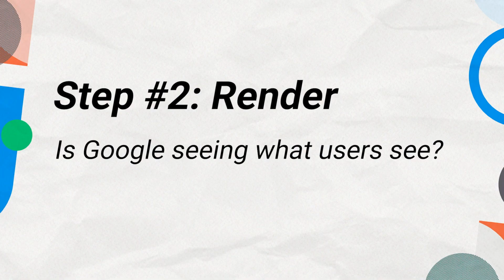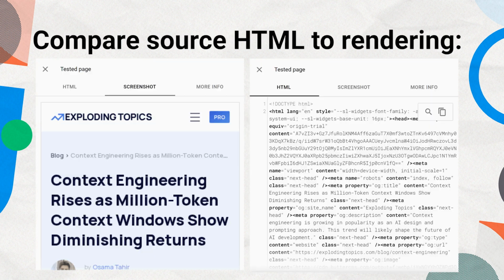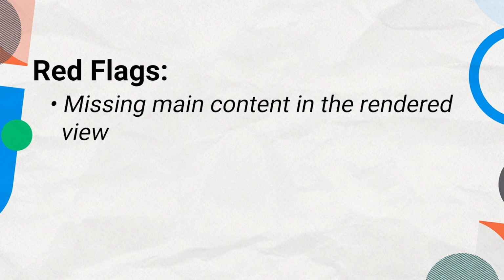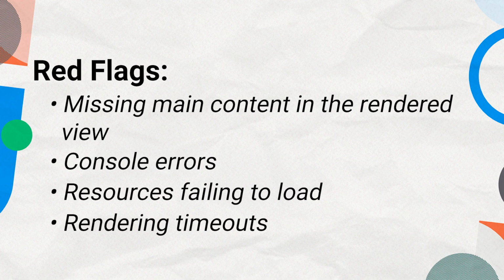Step 2, render. Is Google seeing what users see? Modern sites rely heavily on JavaScript and CSS. Even if your browser renders your site perfectly, Google might see something completely different. So go to URL inspection and hit Test Live URL. Compare the source HTML to the rendered screenshot and rendered HTML. Some red flags are missing main content in the rendered view, console errors, resources failing to load, or rendering timeouts.